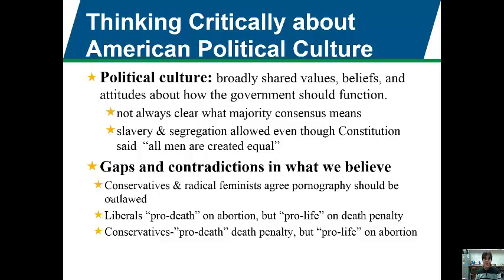Even though liberals may support life in all forms, those views kind of do contradict each other. Conservatives are pro-death on the death penalty, but pro-life on abortion. So they'll often support the death penalty, which is killing of a man or woman, but pro-life on abortion, even though that fetus would still be in the womb. Again, I use these terms just to be illustrative.